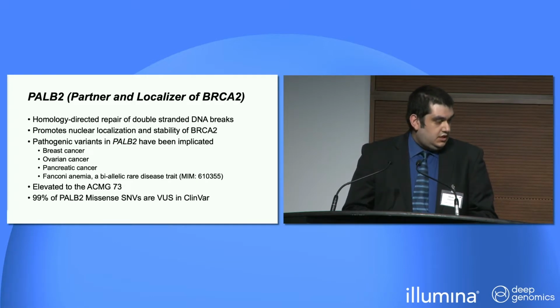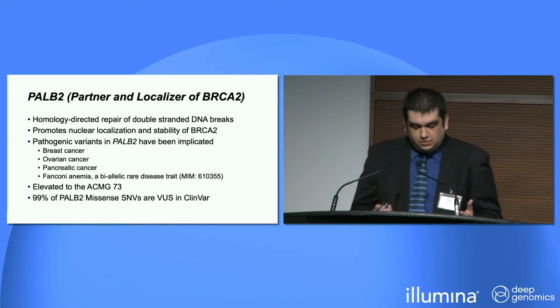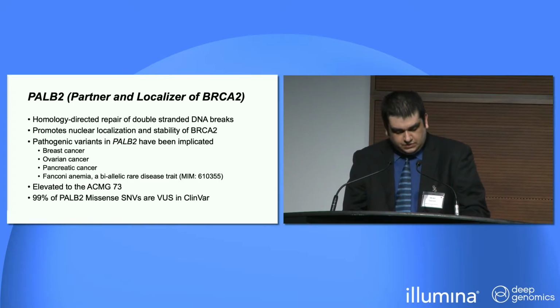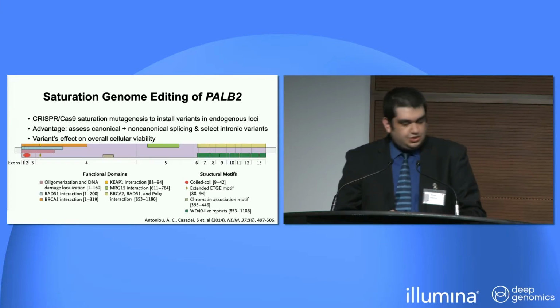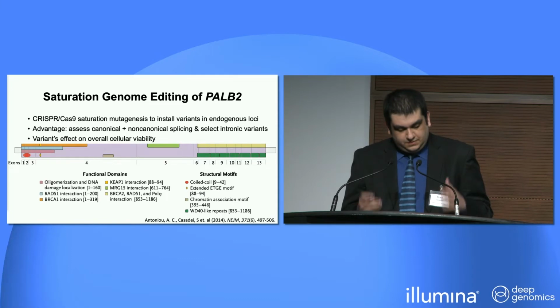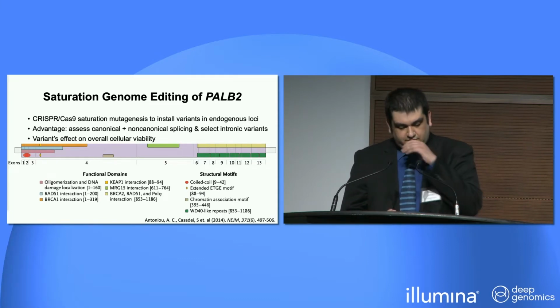Further, in ClinVar right now, 99% of PALB2 missense SNVs are VUS, emphasizing a need to do functional characterization in this gene. We performed saturation genome editing of PALB2 to investigate the effect of all possible 10,683 SNVs in PALB2 on cell survival.